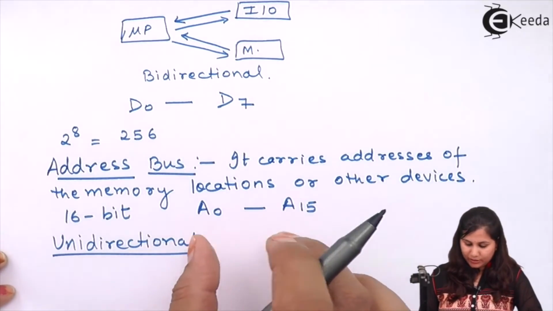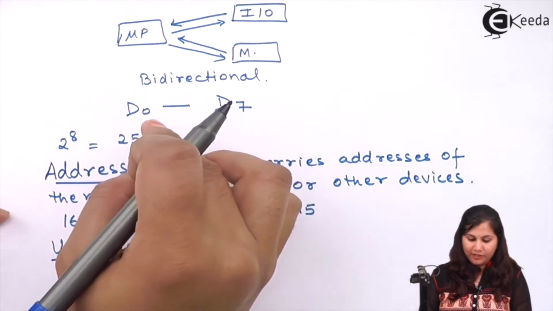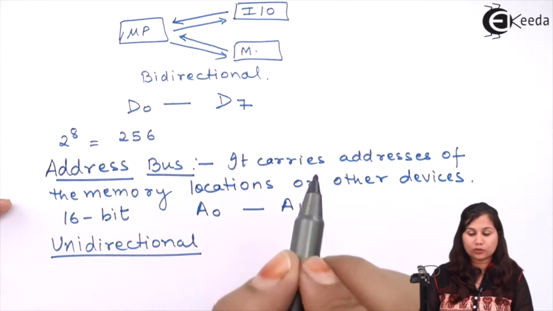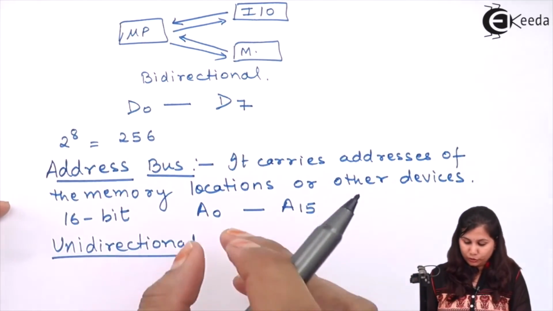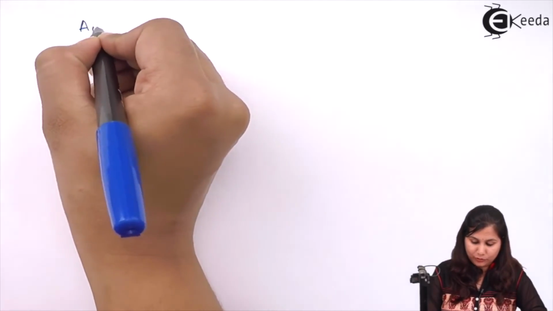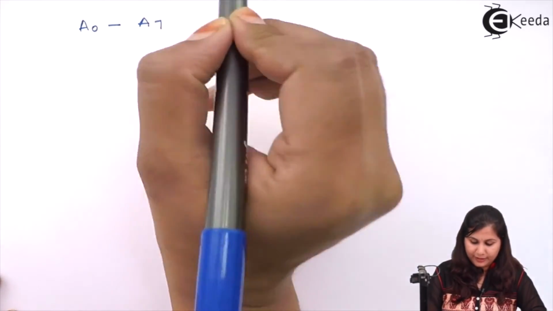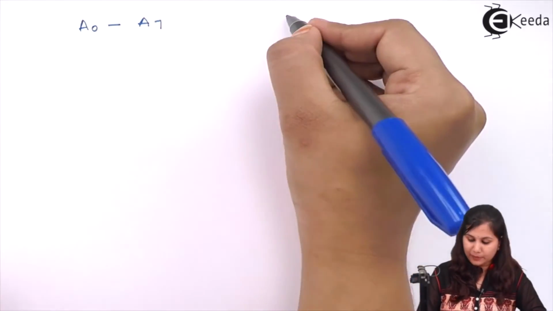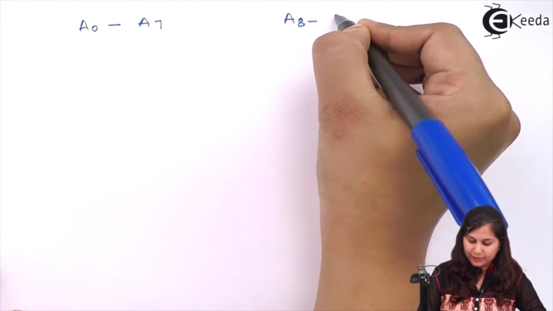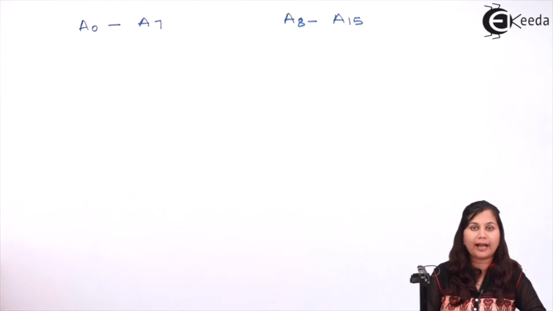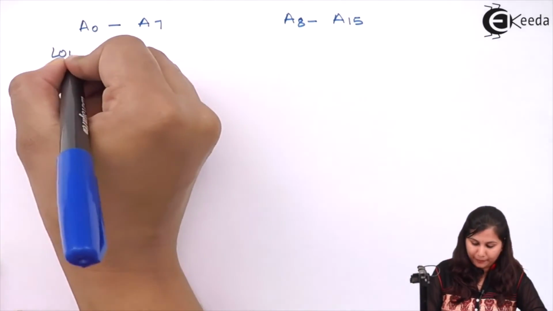Now in this address bus, because we have here the data bus also and the address bus, the lower order address bus we have from A0 to A7. This is called the lower order address bus, and from A8 to A15, this is called the higher order address bus.